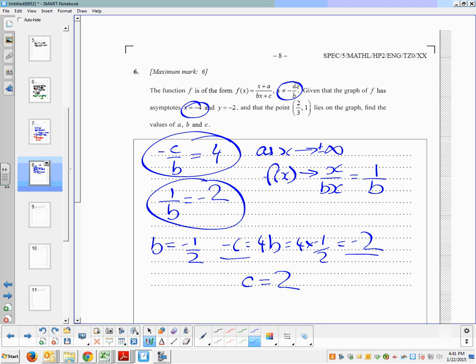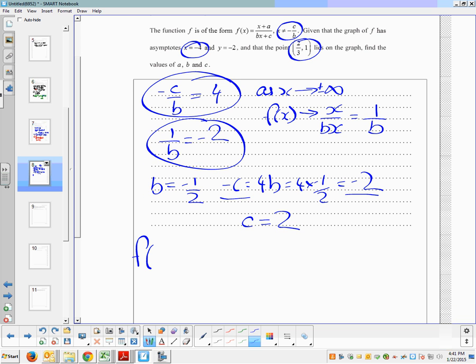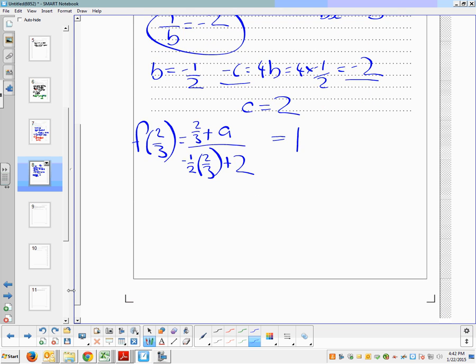Just going to find a. I haven't used this piece of information yet, which is basically that f of 2/3 is equal to 1. So that's 2/3 plus a over bx, so b we know is -1/2, times 2/3 plus 2. That equation can be tidied up an awful lot.